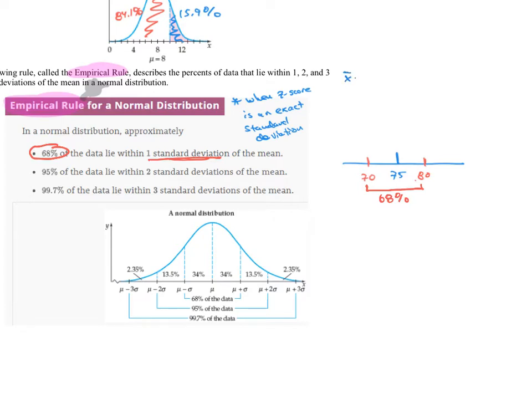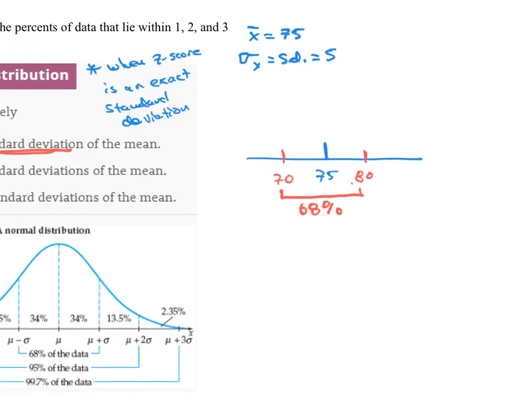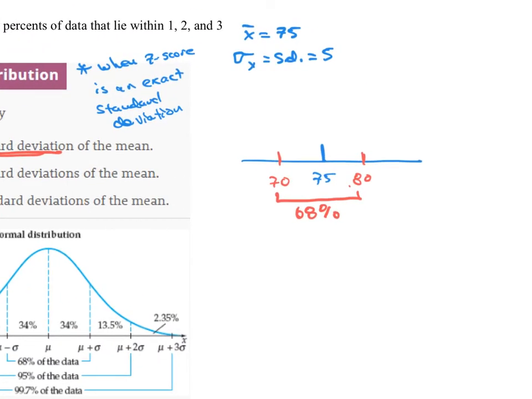The mean test score was a 75, and I'm telling you that the standard deviation, we can use the population standard deviation, doesn't matter. I'm just going to write SD for standard deviation, was 5. So this is what it would look like. If I took the mean, I added 5 and subtracted 5, I'd have 68% of the people. Well, what would be next? Add another 5 and subtract another 5.